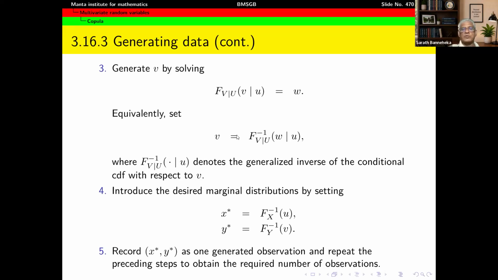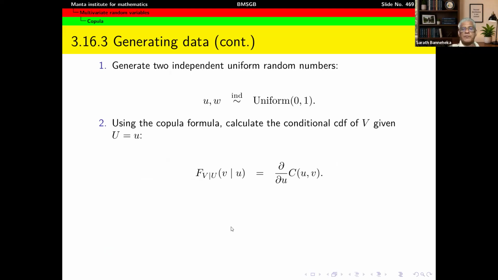Because this U and V are correlated, this X star and Y star will also be correlated. That correlation will be captured by, will be included in, the selected copula here.